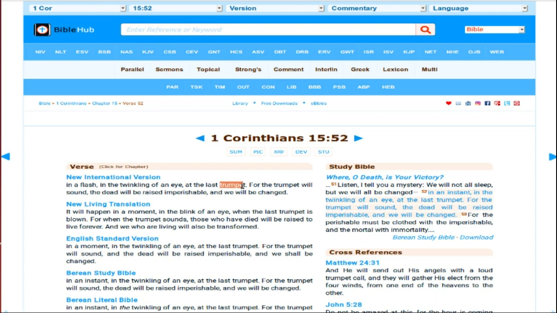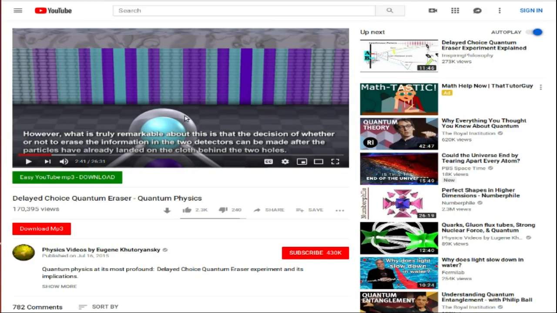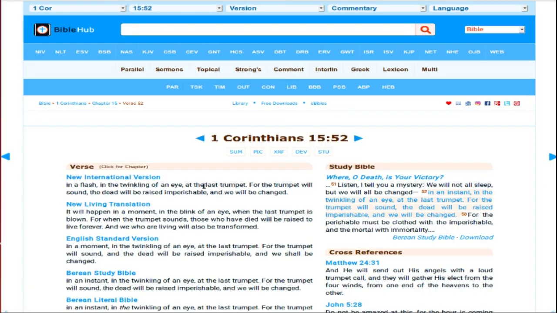So I refer to the trumpet, and this scripture came to mind immediately, as the waveform with the interference, because obviously a waveform is pretty much like frequency. You know how they say light is both a particle and a wave? Well, in the quantum, it'll display its waveform first before it collapses.